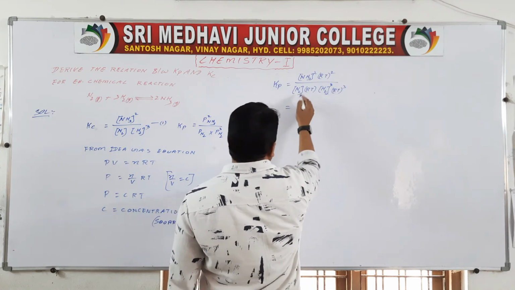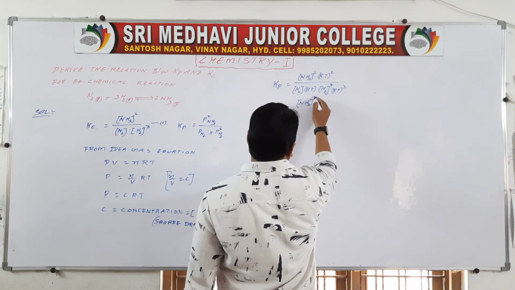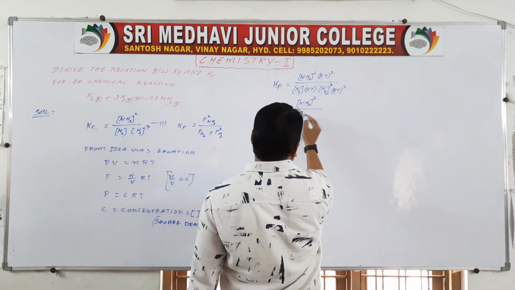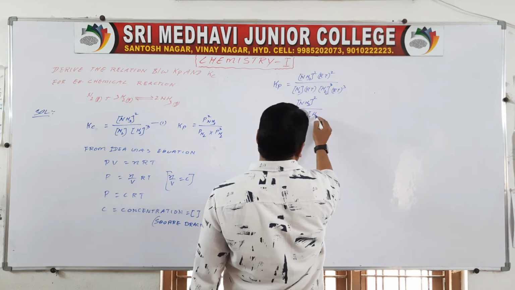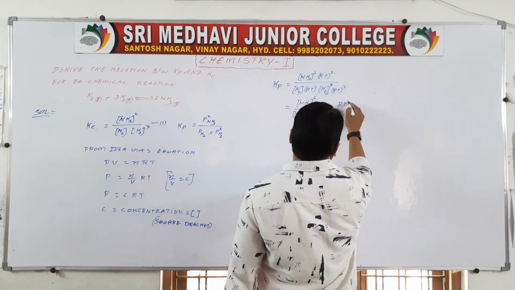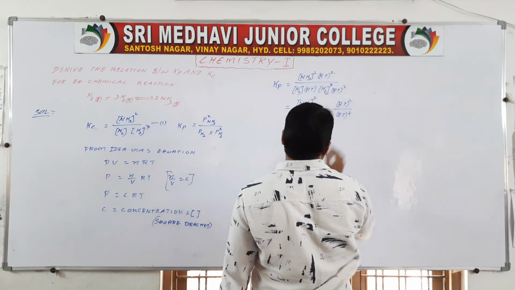Then it is NH3 concentration square by N2 concentration into H2 concentration cube. So this is RT square by RT to the power of 4.